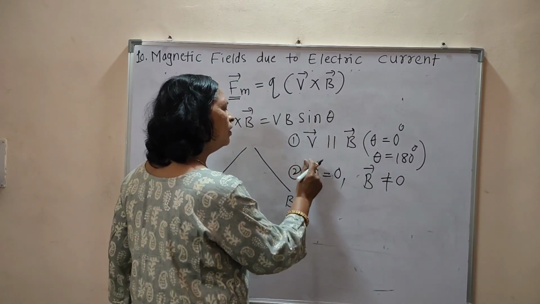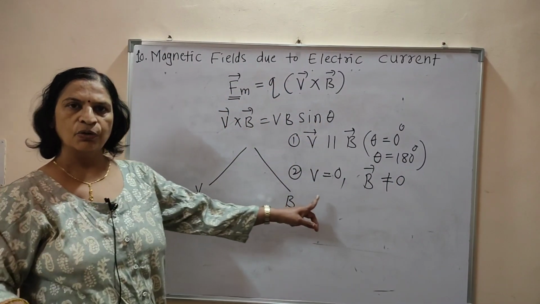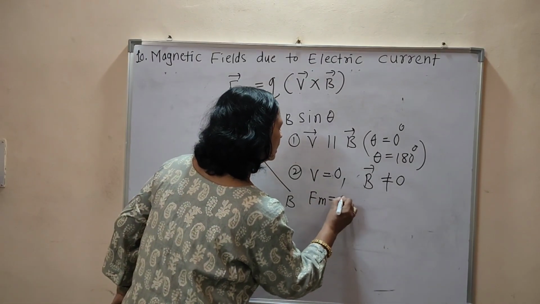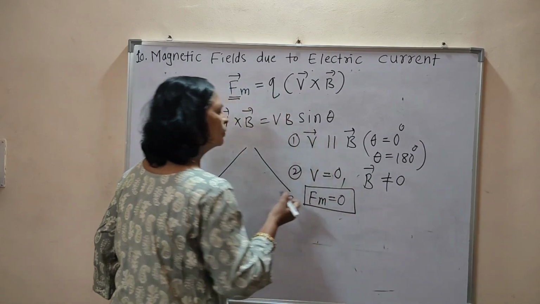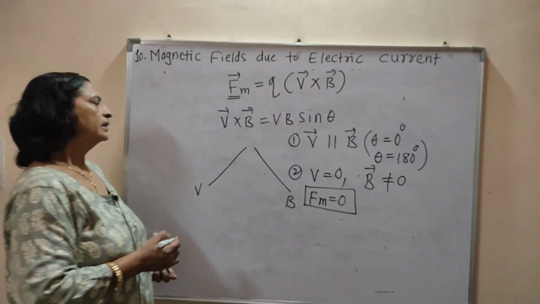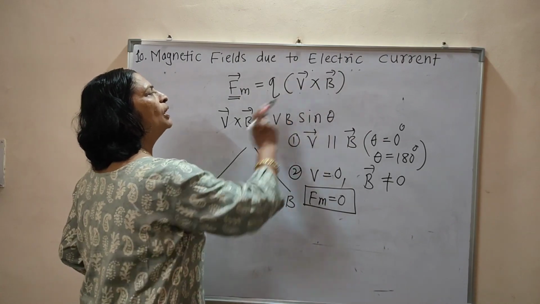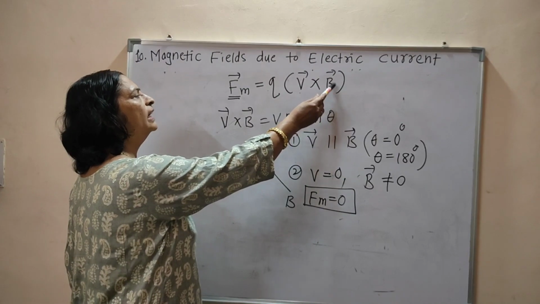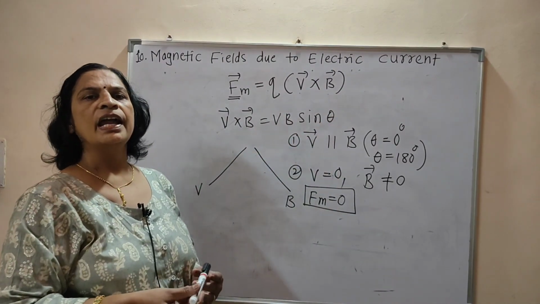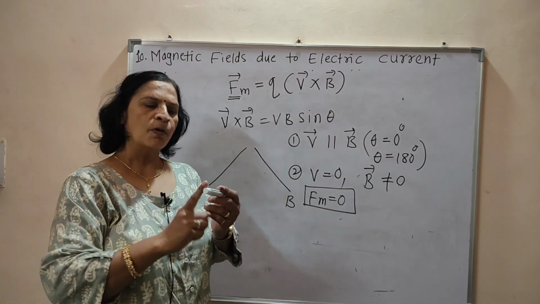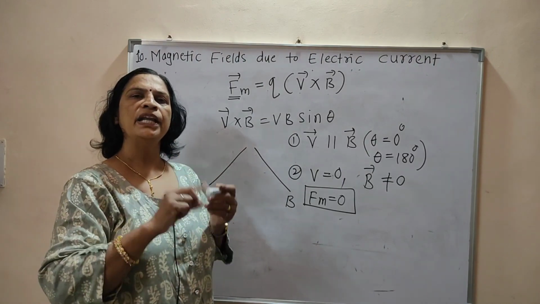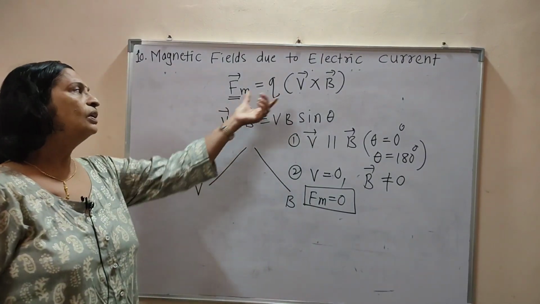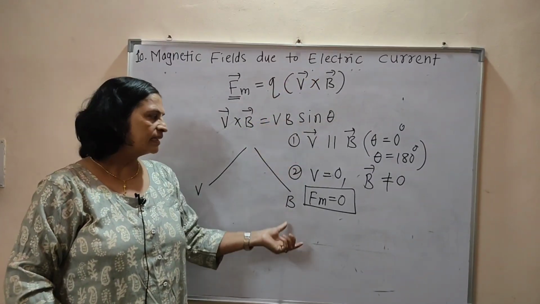And when vector V, the velocity vector, and the magnetic field are perpendicular to each other, the direction of force is perpendicular to these two vectors, the angle being 90 degrees.